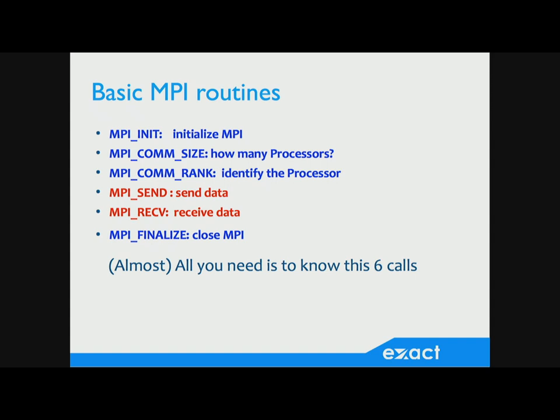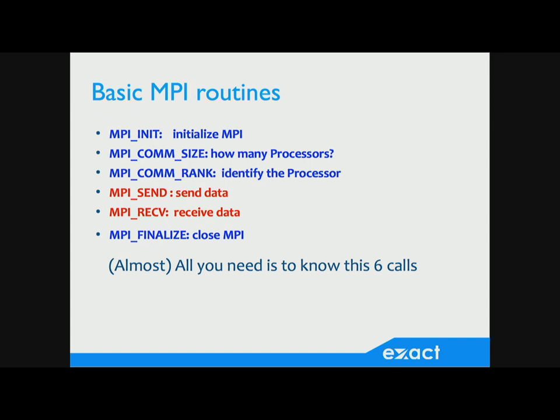What you need is to initialize your MPI environment with MPI_Init, which is the first routine that you have to call in your MPI program. Then you want to ask the system how many processors you have, MPI_Comm_size, and then you would like to identify which one out of these n processors you are, MPI_Comm_rank.